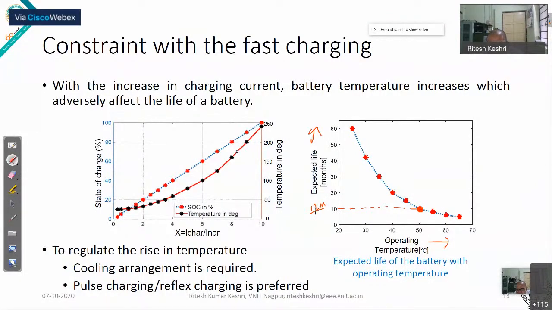If you operate your battery at 30 degrees Celsius, you can use it maybe 42 months, around 3.5 years. Here 1 year, and here 3.5 years. So just by having control over the temperature rise of the battery, we can extend the life of the battery.